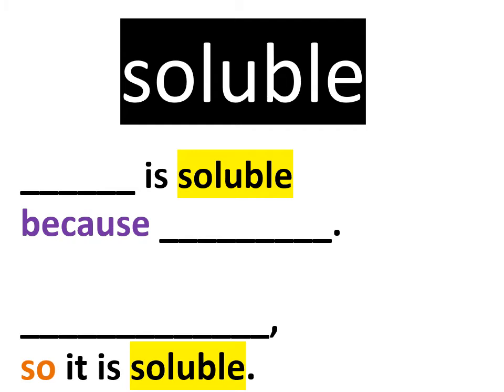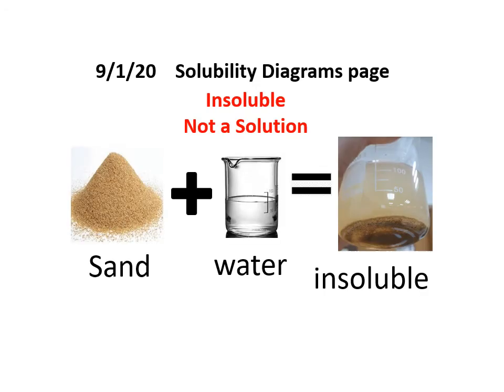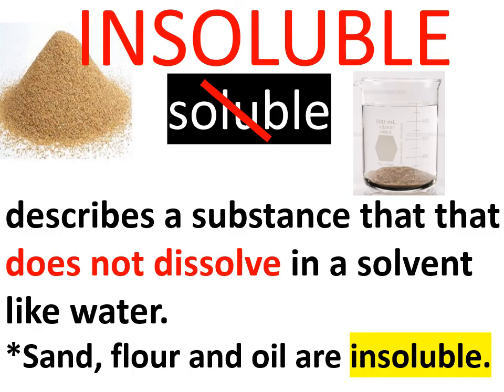This is the same way to explain soluble and insoluble substances using the conjunctions "because" or "so." Sand plus water is insoluble. What is insoluble? Insoluble describes a substance that does not dissolve in a solvent like water.